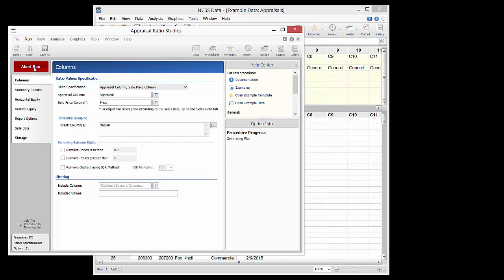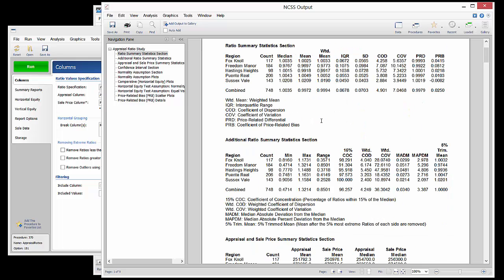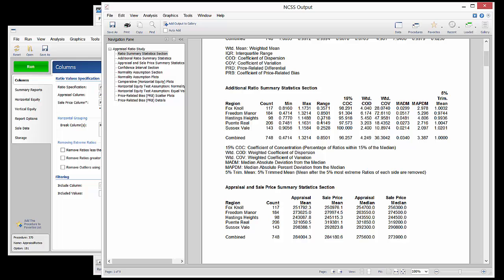Running the procedure generates the output corresponding to the selected options. The first reports give a variety of useful ratio summary statistics. Definitions are also given below some of the output sections.